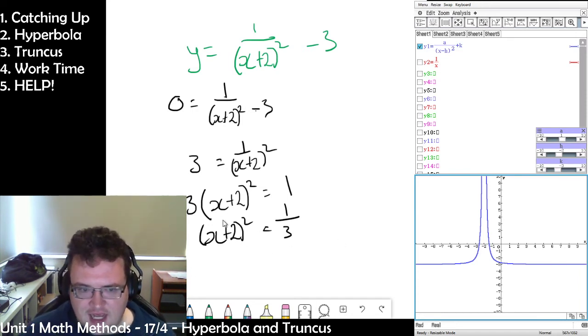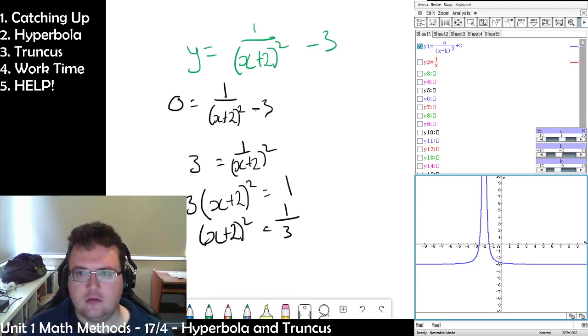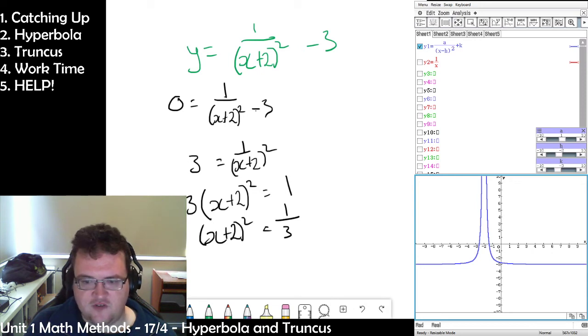So here, I can now start doing things. Now remember, if I take the square root of both sides, what am I going to then create on both sides?